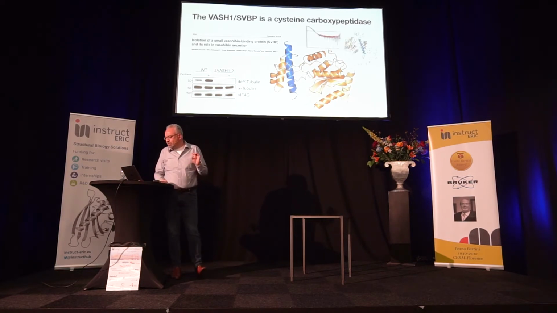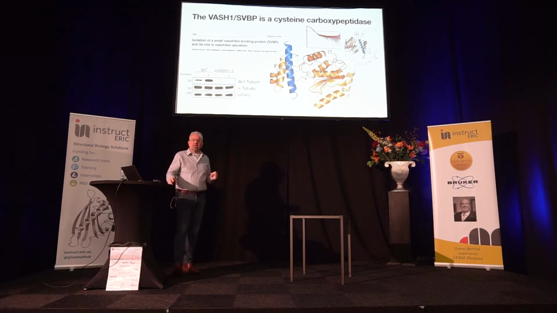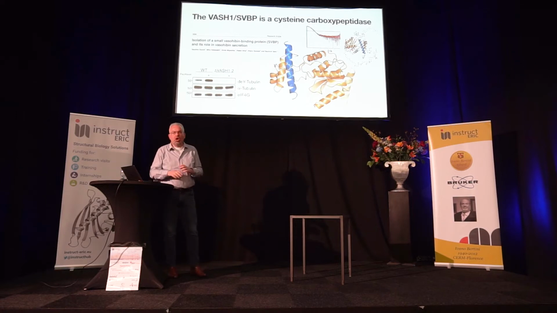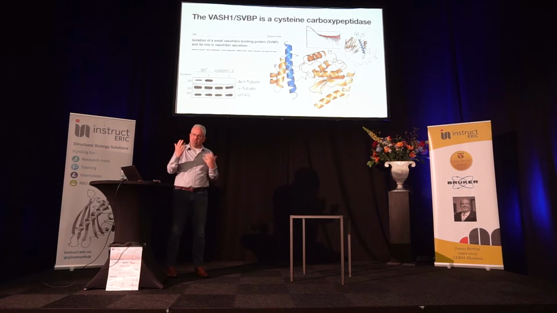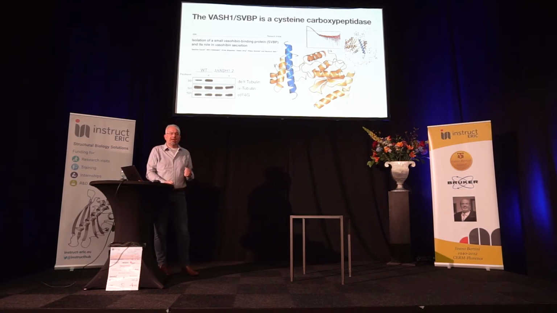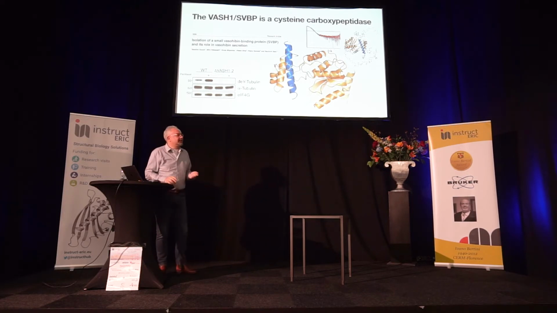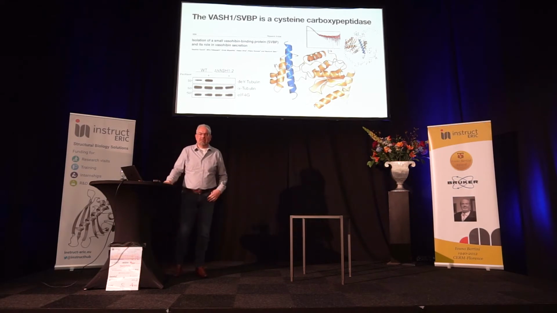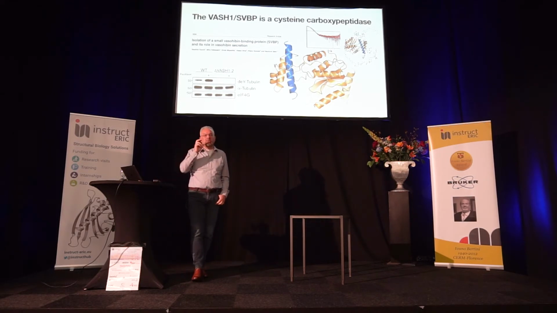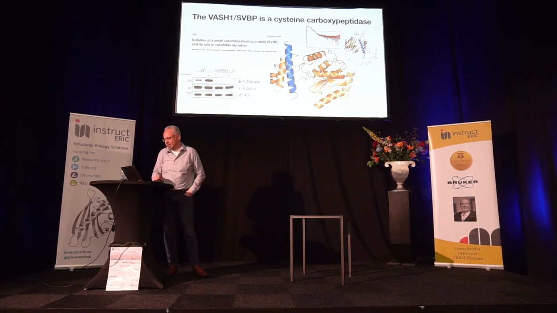I'm not telling you the full story here, because that was a trimmed domain that could crystallize. If you take the full-length proteins and do some SAXS experiments of various constructs, you realize there's an N-terminal disordered region and a C-terminal disordered region in both proteins, and you can model them and start understanding things better. But this concept of disorder will come back a bit later.